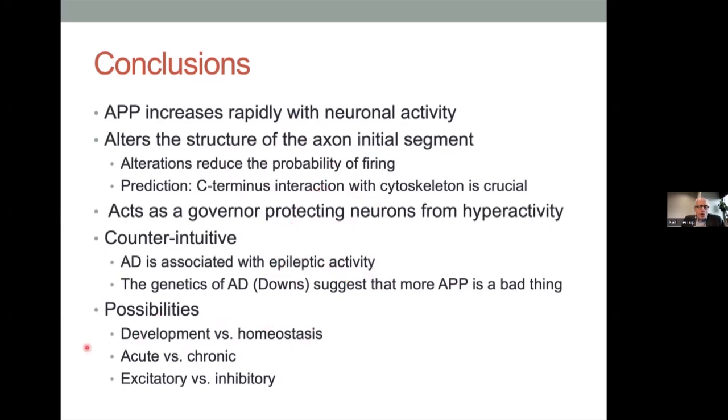But what I would argue is that we don't know yet, and that should come up as a question later, so I'll plant it now, whether the APP effect is similar with excitatory and inhibitory neurons. And all it would take would be a slight quantitative enhancement in the inhibitory neurons to give you exactly the change in the EI balance of the network that would lead to epilepsy. That's speculation in the absence of data, but it's my seminar, so I get to do that.